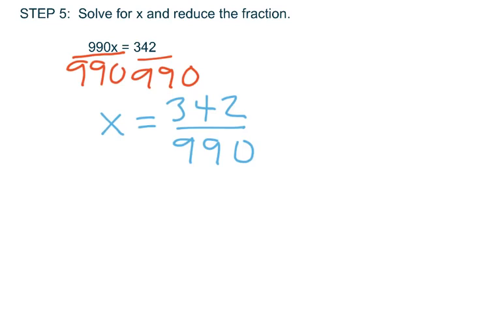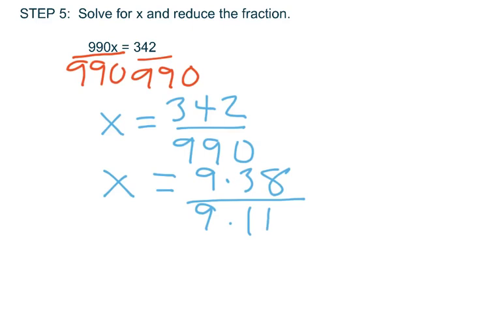And 9 more clearly will divide into 990. To be exact, and I can use a calculator on this, the 342 is 9 times 38, and the 990 is 9 times 110, which means the 9s will divide out and give me 38 over 110. Let's go to the next slide.